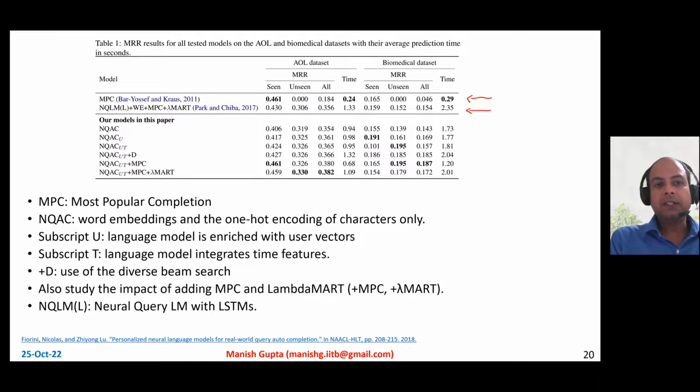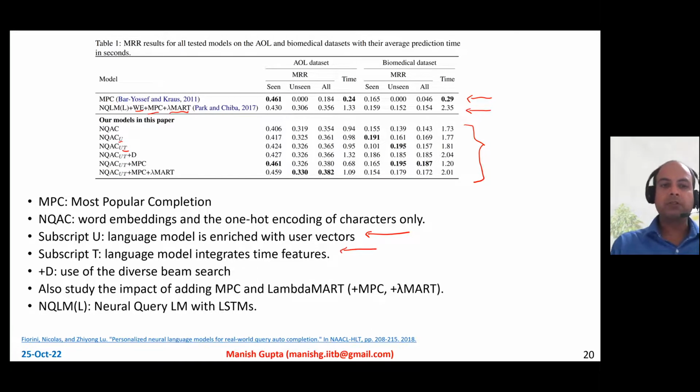Along with word embeddings, character embeddings, one-hot character embeddings, and otherwise the learned character embeddings, and the MPC along with the LambdaMART learning to rank ranker. Their system and various ablations are shown here, where there are two subscripts that you see. U stands for language model enriched with user vectors. T stands for time vectors.